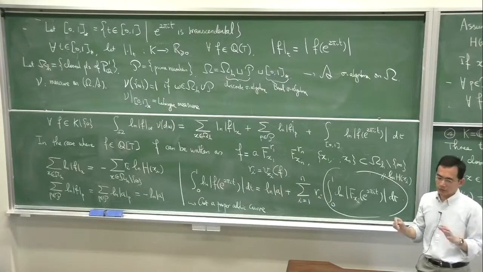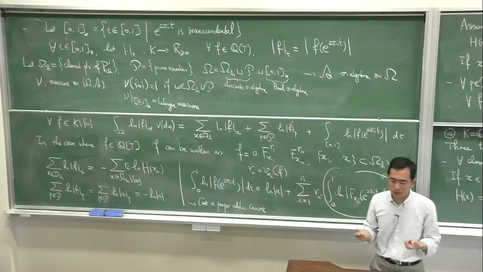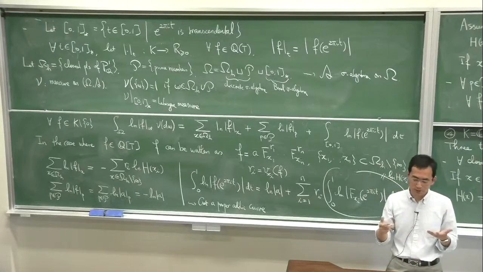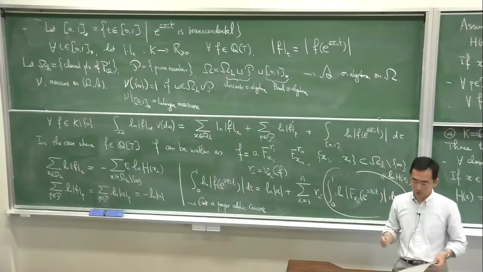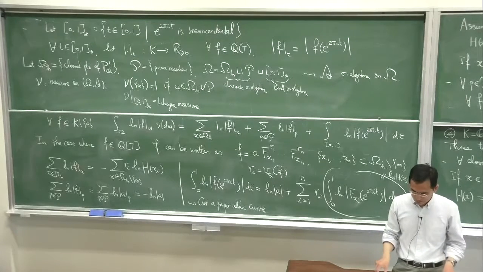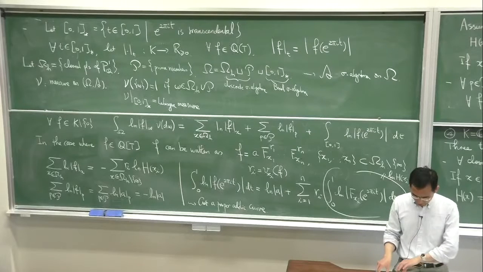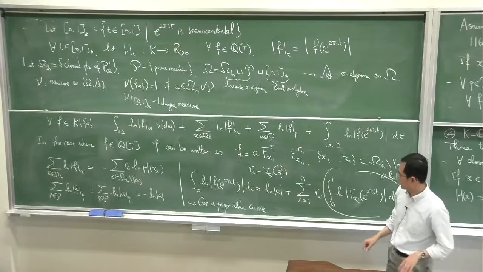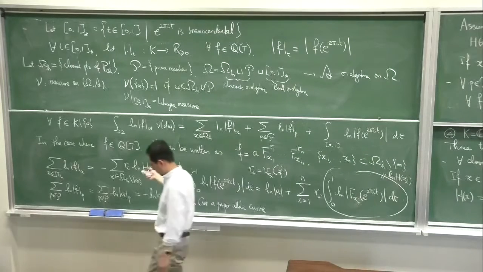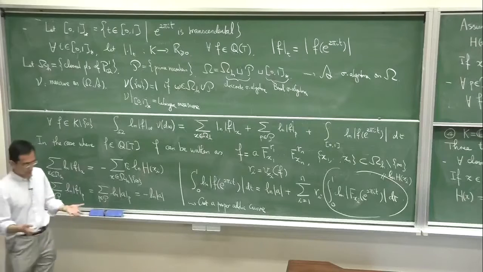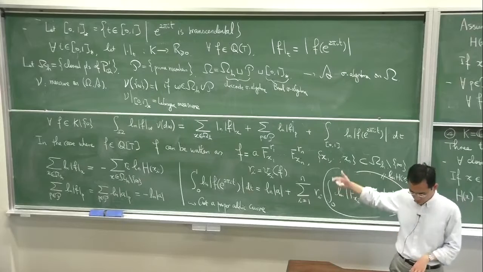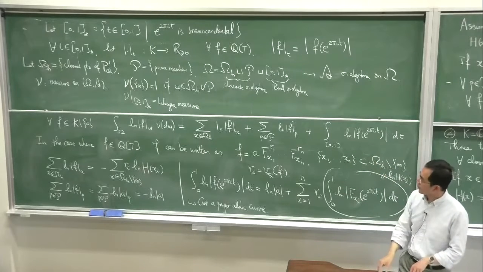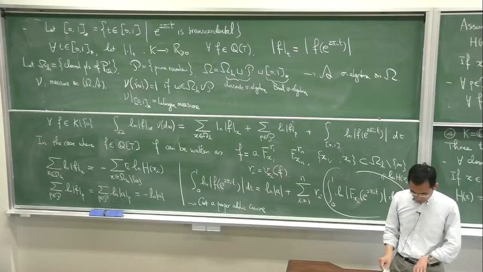But for continuous functions, you need stronger conditions to ensure that your limit function is still continuous. So in this sense, it's more convenient to consider general measure spaces. Okay, so I will not explain the setting of Arakelov intersection theory, but you need to keep in mind that we can have more general examples.